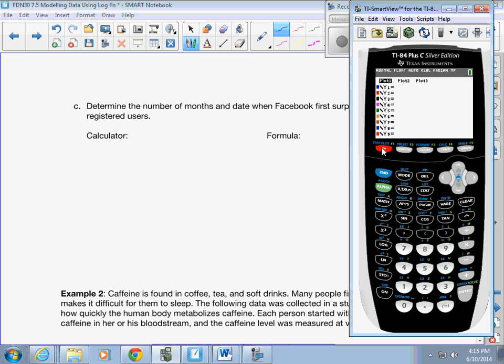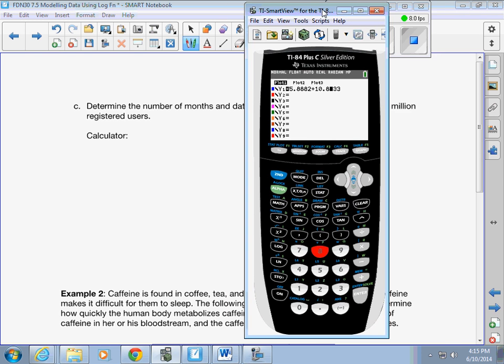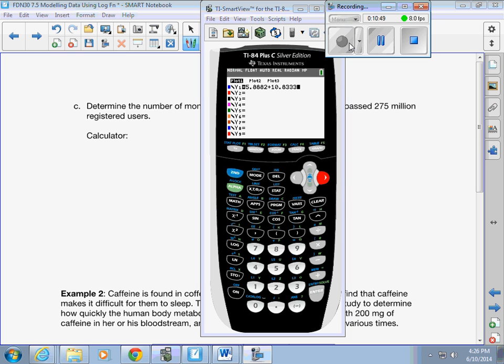So it was y is equal to 5.8882 plus 10.8333, your line of x, natural log of x. Okay, so there you go, you've got the equation entered.